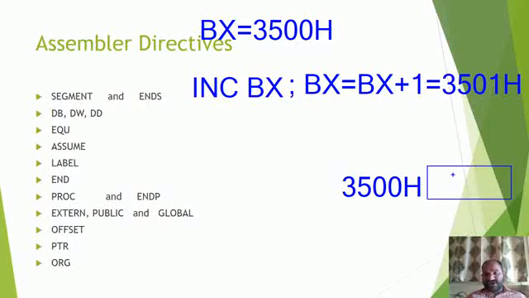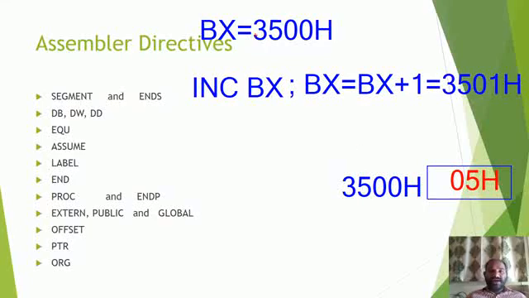I am assuming that the value in this box is 05H. The value in the memory location 3500H is 05H. Now I would like to increment this 05H content available in the 3500H memory location using the indirect addressing mode.